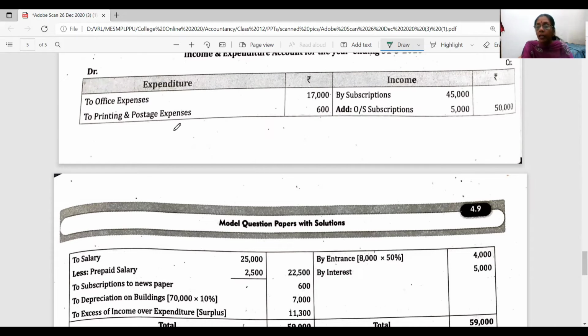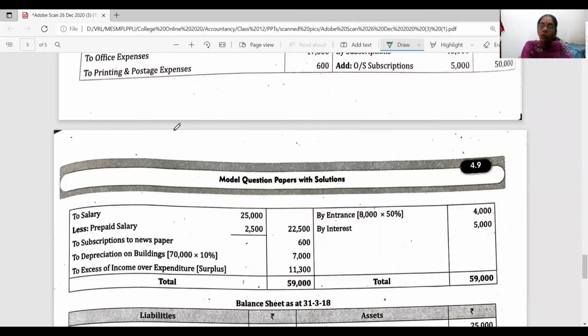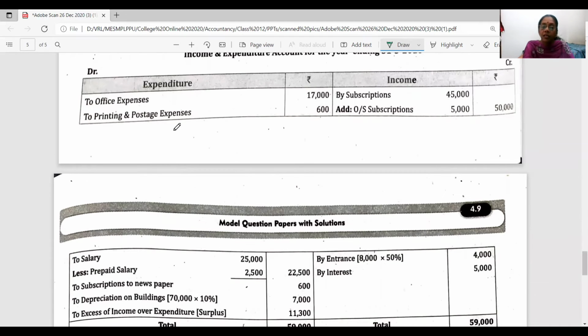The third point, take only such items which belong to the current year. And the fourth point is in respect to your adjustments. So outstanding and prepaid or advance money, especially in respect to expense and income, work out similarly, but be cautious over whether you are discussing your current year or the previous year.